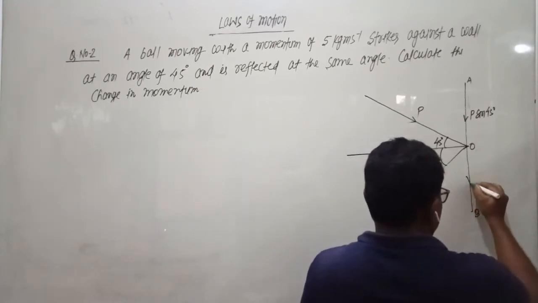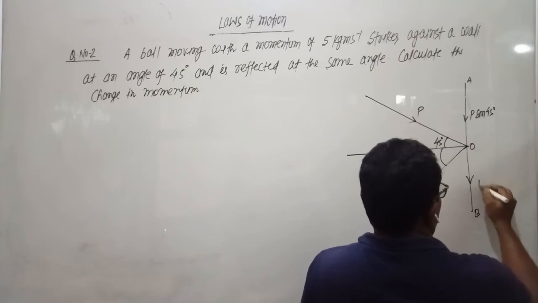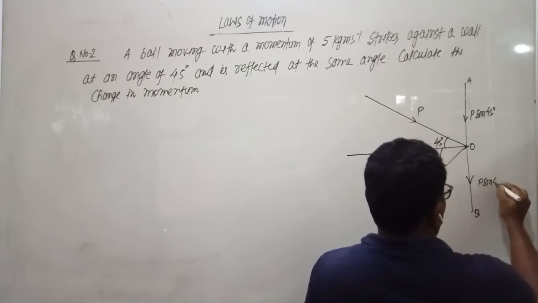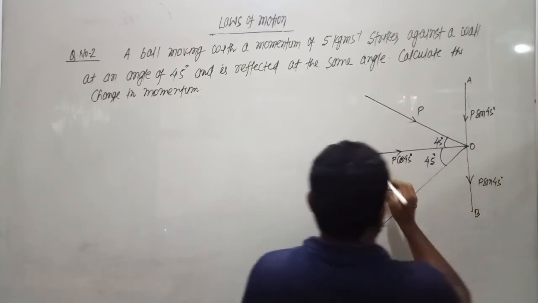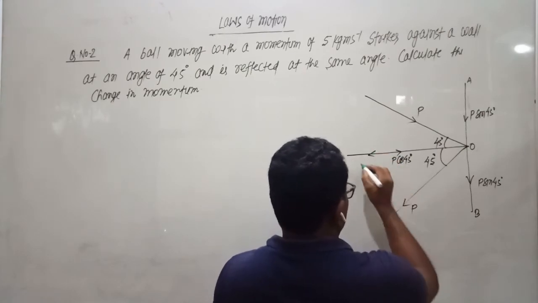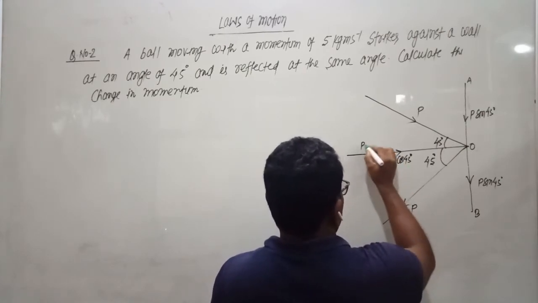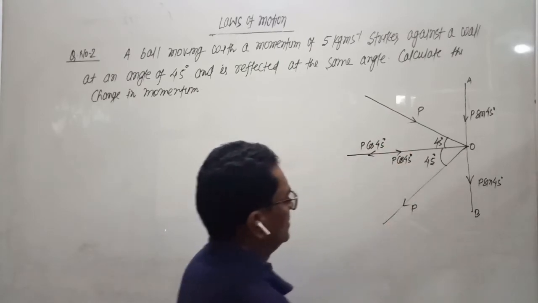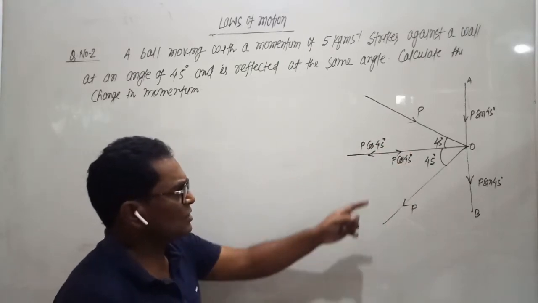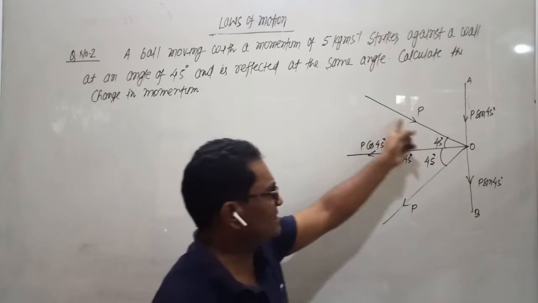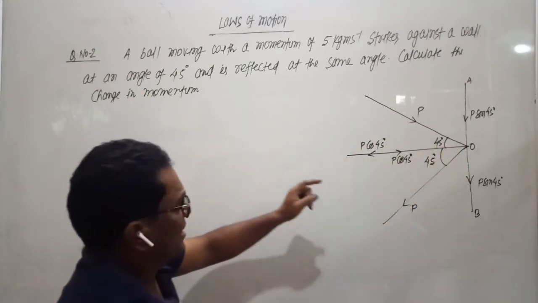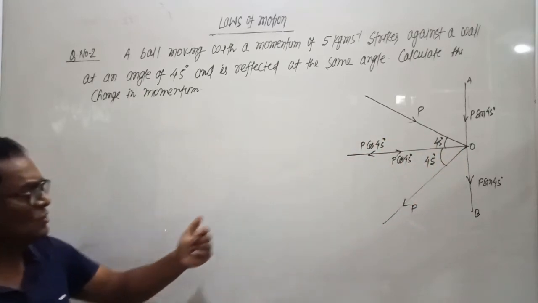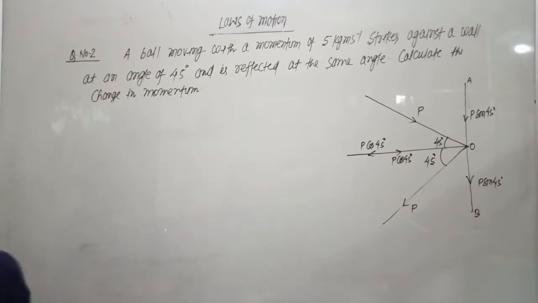The vertical component lies in the downward direction, which is P sin 45 degrees, and its horizontal component is P cos 45 degrees. So there are two components for the incident momentum, and also two components, vertical and horizontal, for the reflected momentum.